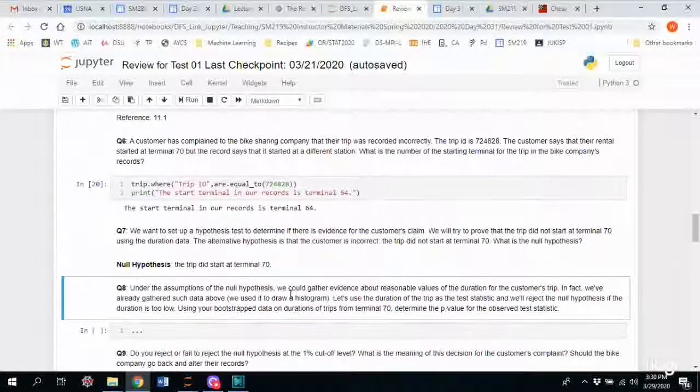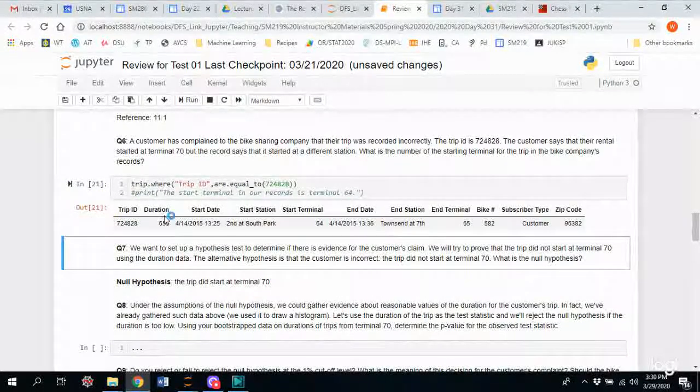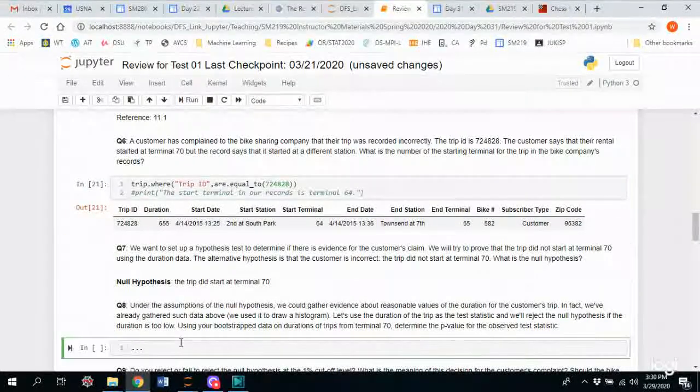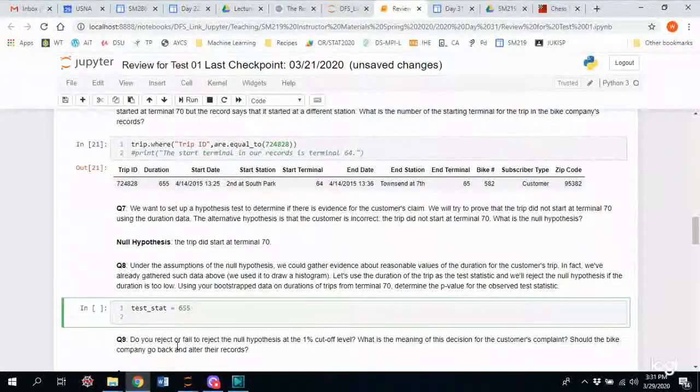Well, let's have another look at question 6 and see what's the duration. It was 655. So maybe the first thing to do here is to write down test stat equals 655. That gives us some idea of how long the customer's trip took.